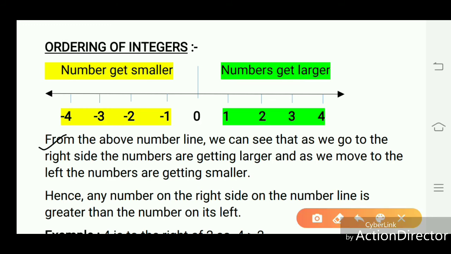From the above number line we can see that as we go to the right the numbers get larger, and as we move to the left the numbers get smaller. Hence any number on the right side of the number line is greater than the number on its left.